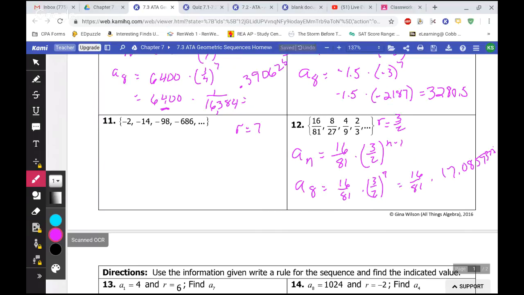But I'm trying to see if I did it right. 3. Because I'm trying to use the wonky calculator.